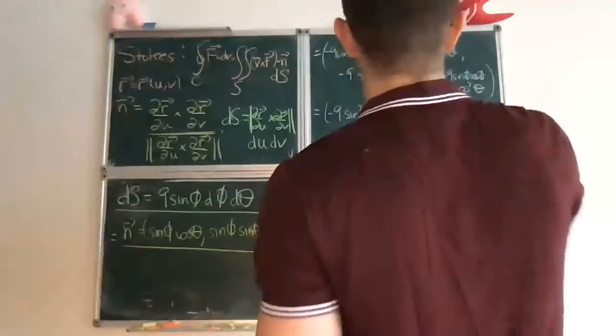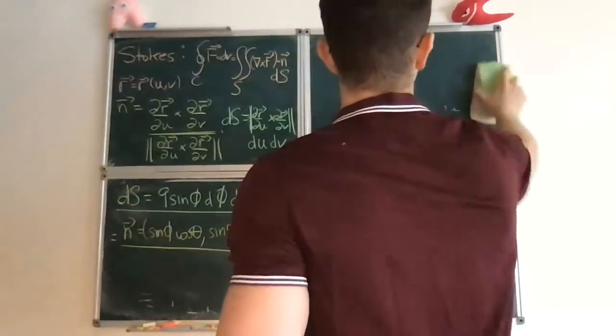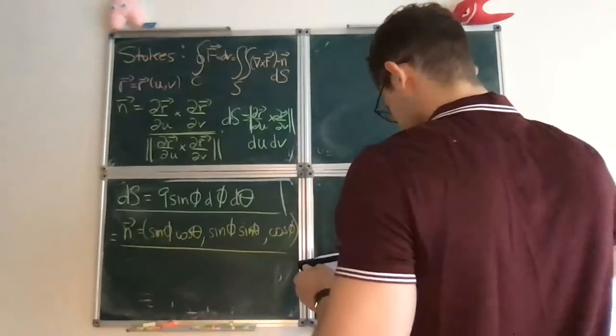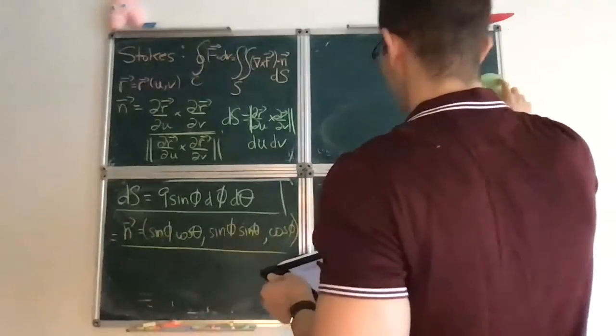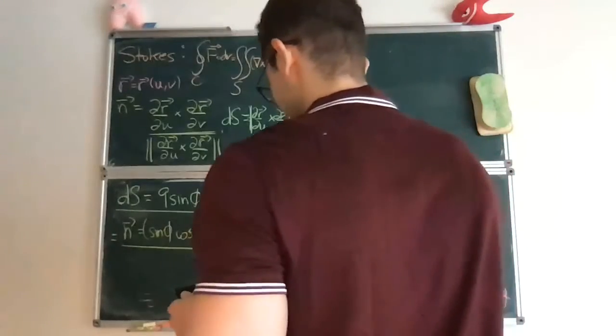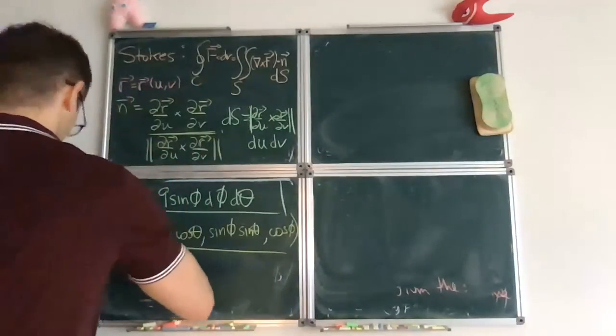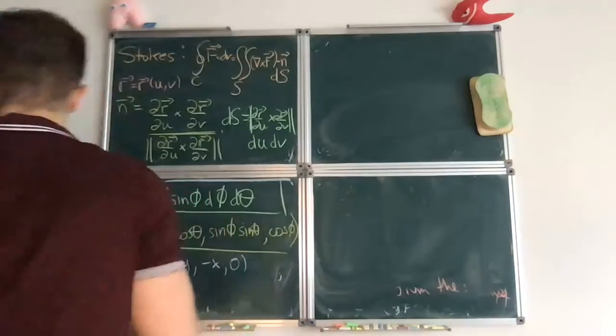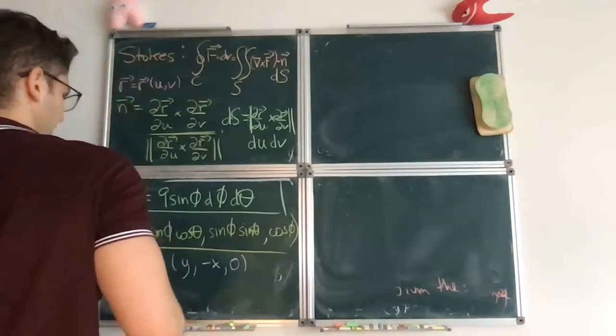Now we have to compute the curl. Okay, thankfully the curl won't be too bad. F was this vector field. Oh good, yeah, this is not that terrible.